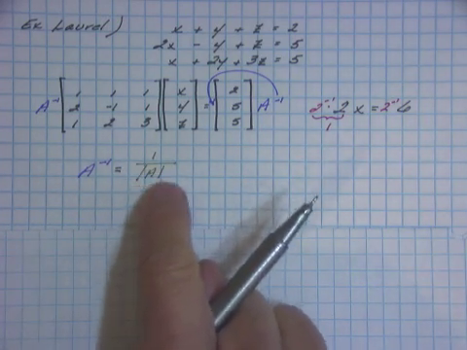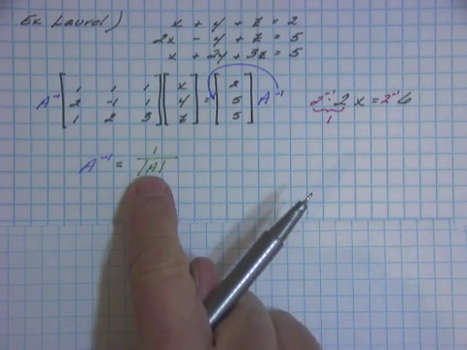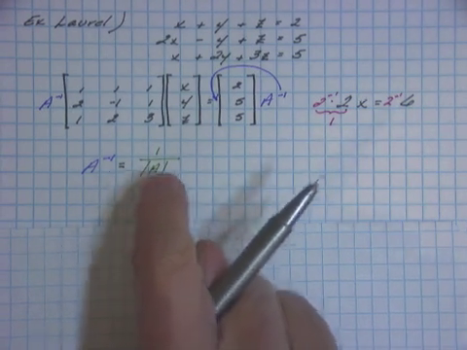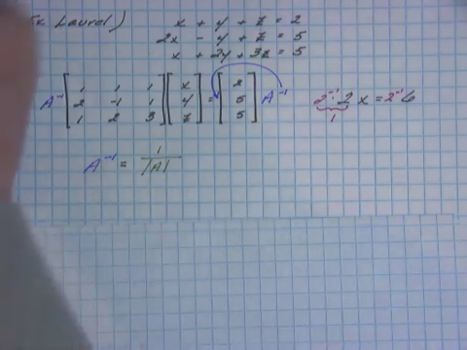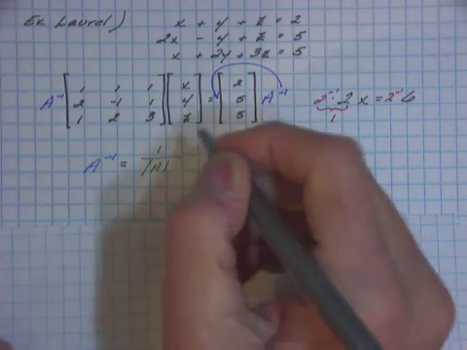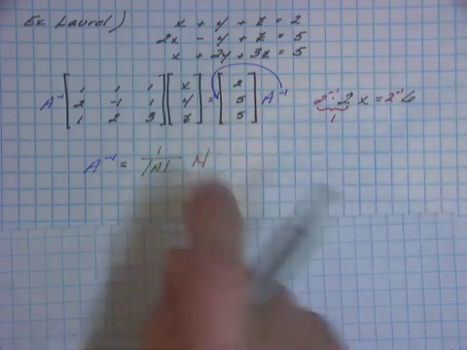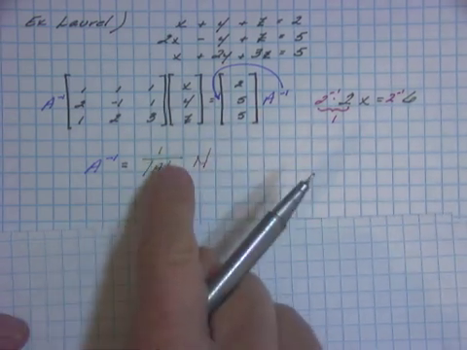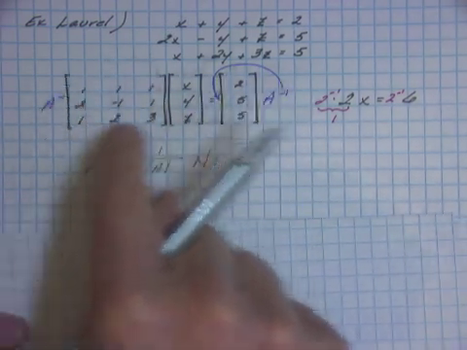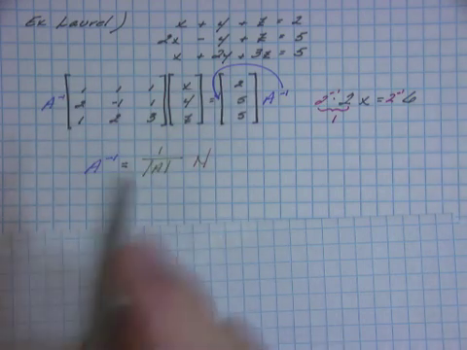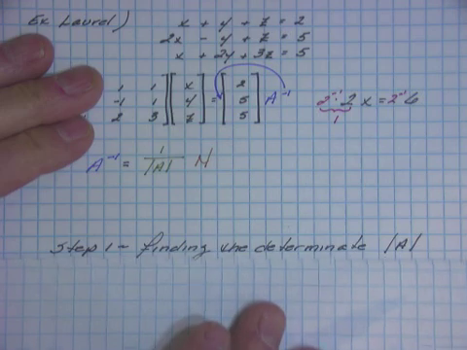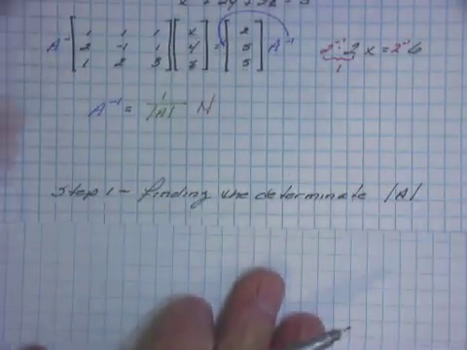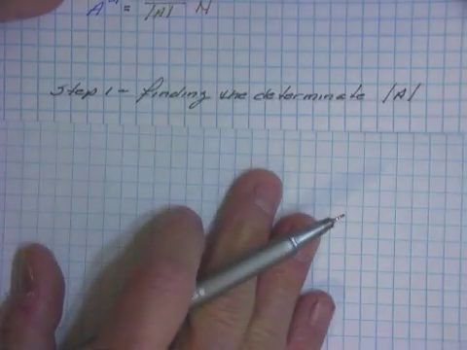Remember we had 1 over AD minus BC, and I told you then that AD minus BC was the determinant. So we're back to that. And then we've got this mystery matrix, N. If I multiply these two together, I'll get the inverse of the coefficient matrix. So, you ready for some interesting mathematics here?